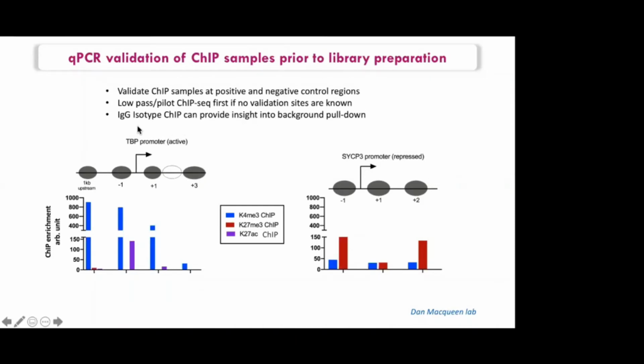IgG isotype ChIP is also used just to get an idea of the background pull down. It's not, so input is the most preferred input control. With the IgG isotype immunoprecipitation, sometimes we don't get enough DNA for library preparation, but it's very useful for qPCR validation.